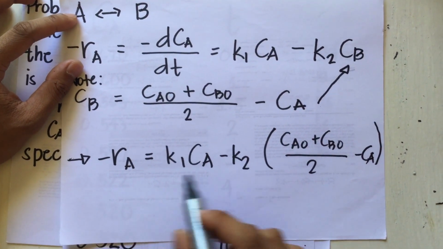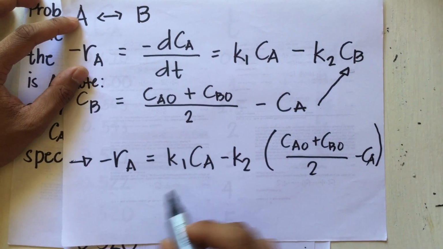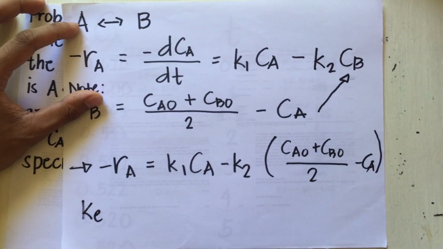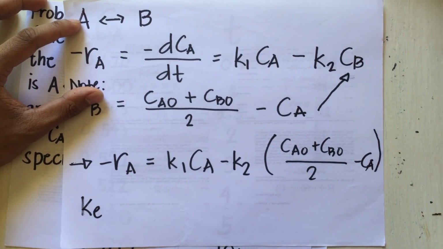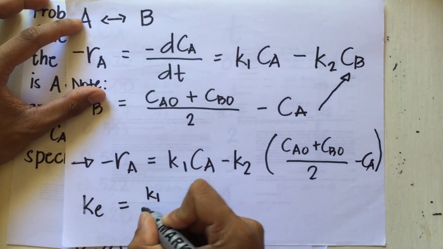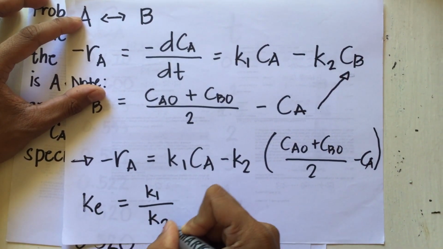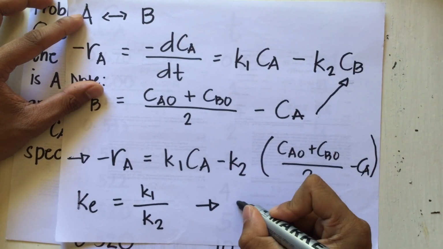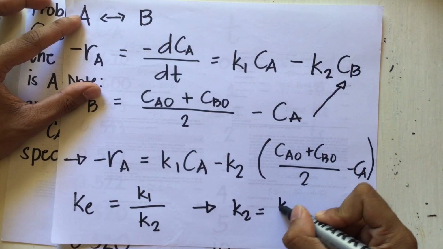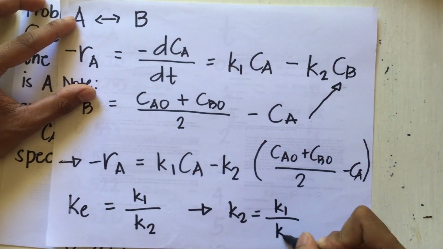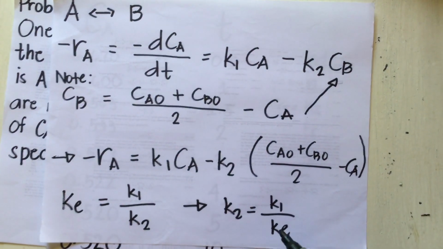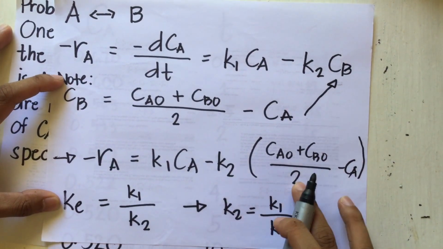So to express K2 in terms of K1, we will use Ke, which is the equilibrium constant. We all know that Ke is equal to K1 over K2. Therefore, K2 is equal to K1 over Ke. And then we can substitute this value of K2 here.